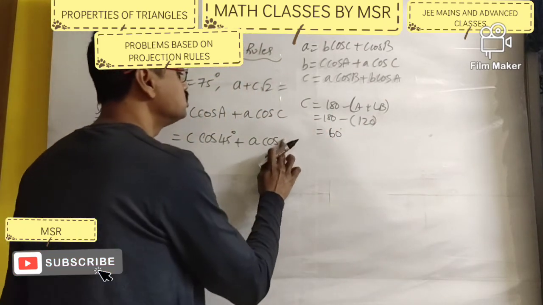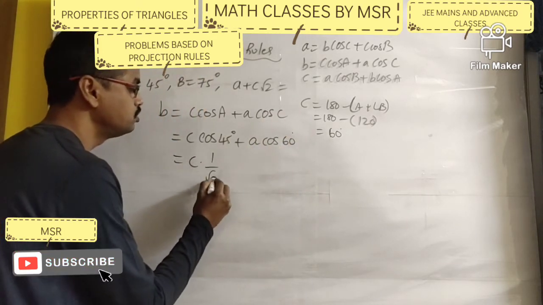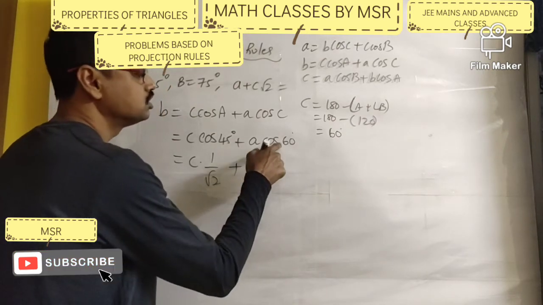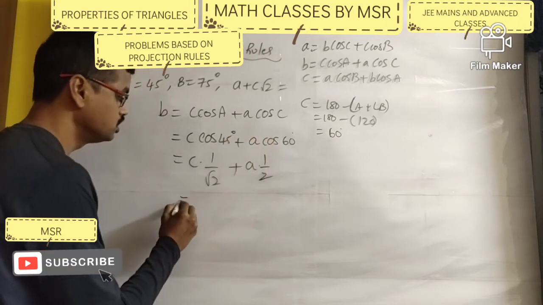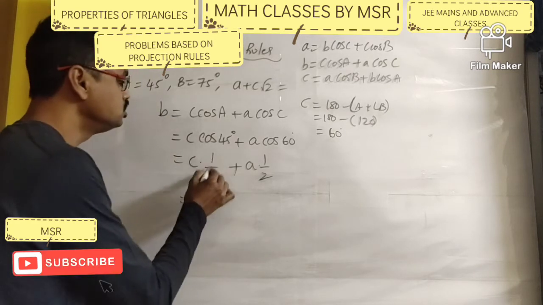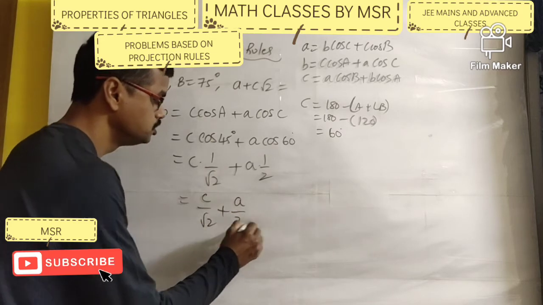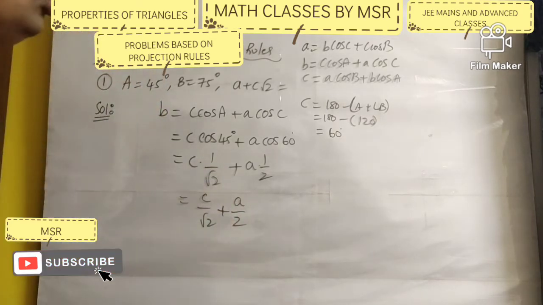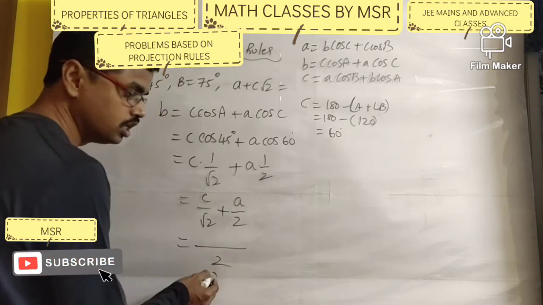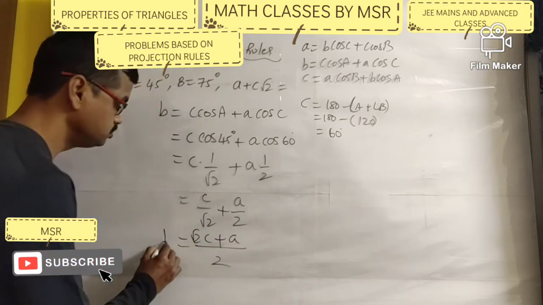So c into cos 45 is 1 by root 2, plus a into cos 60 is 1 by 2. So you will get c by root 2 plus a by 2. Here the LCM is 2, so root 2 c plus a is equal to b.